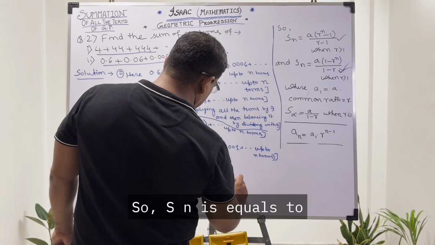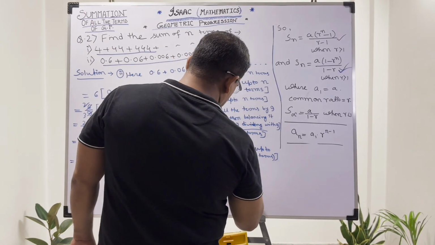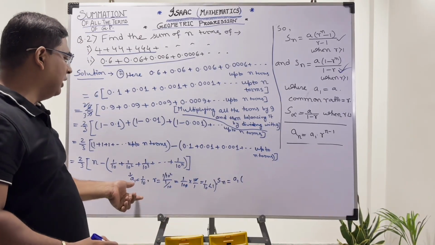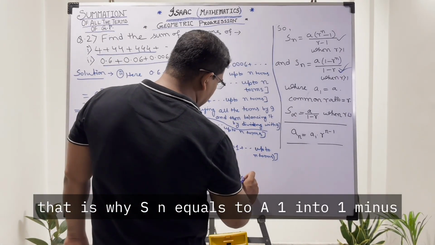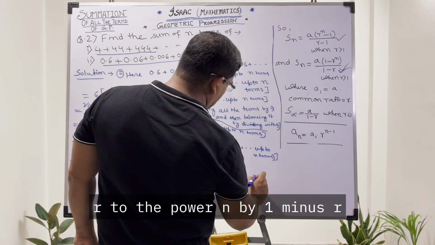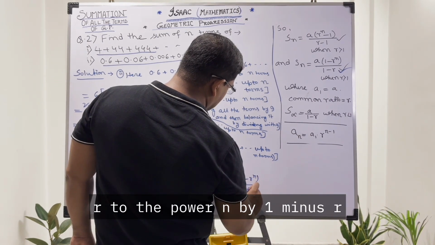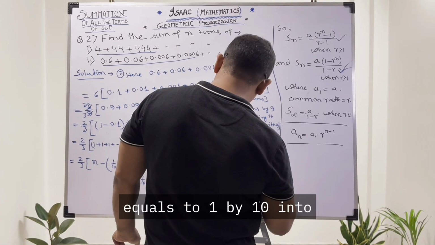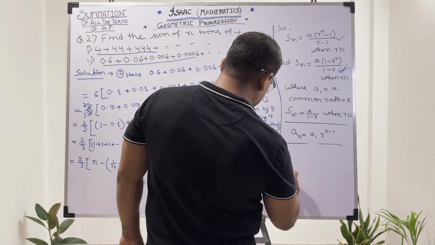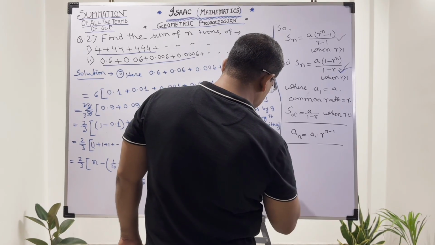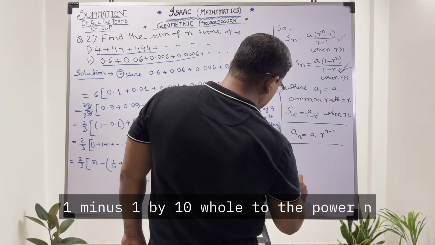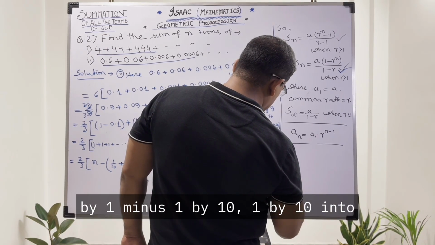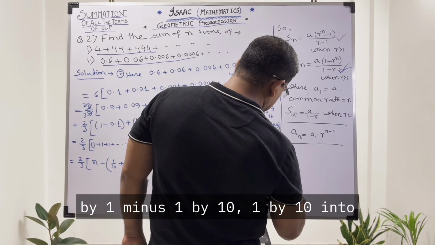So Sn is equal to A1 into, here we consider the first term as A1, that is why Sn equals A1 into 1 minus r to the power n by 1 minus r, equals 1 by 10 into 1 minus 1 by 10 whole to the power n by 1 minus 1 by 10.